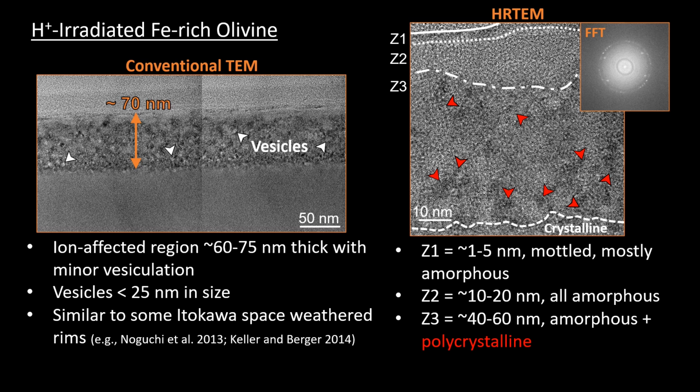From top to bottom, Zone 1 is only a few nanometers thick, mottled and completely amorphous. Zone 2 is 10 to 20 nanometers thick and completely amorphous. Finally, Zone 3 makes up the bulk of the ion-affected region and is amorphous but with localized regions of polycrystallinity, as indicated by the red arrows.